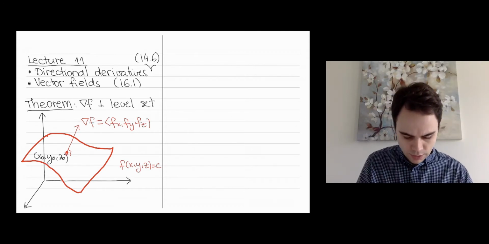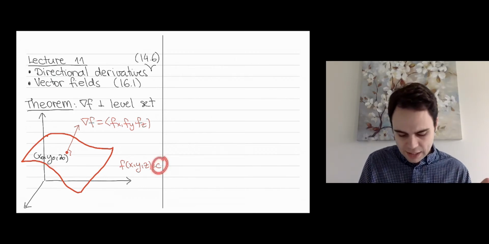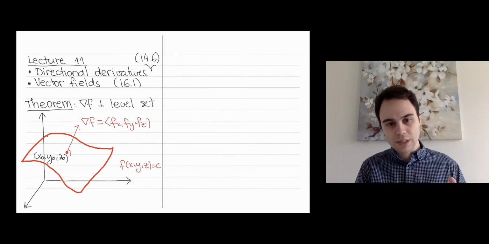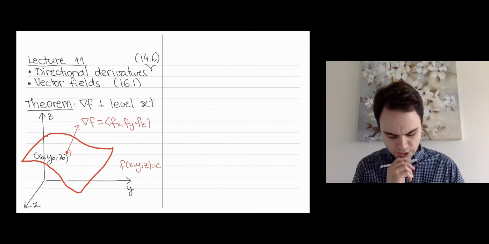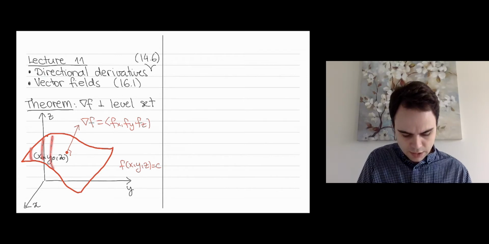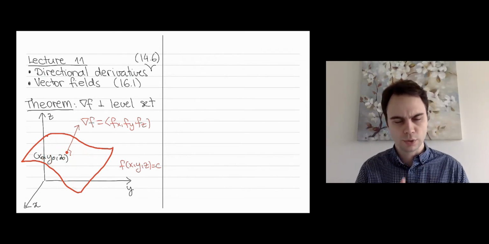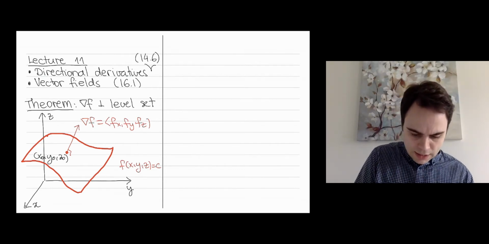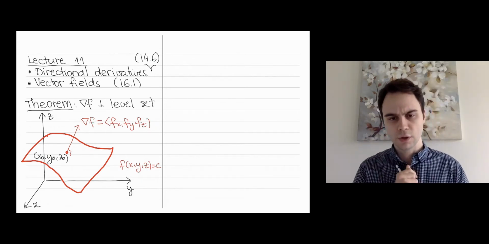At this point, f is going to have some value, let's call it c, and then I look at all other points x, y, z in three-dimensional space where f is also equal to c. This gives me a level set. So in 3D, it gives me a level surface. In 2D, it would in general give me a curve. And the theorem is saying that the gradient vector is perpendicular to this level curve.